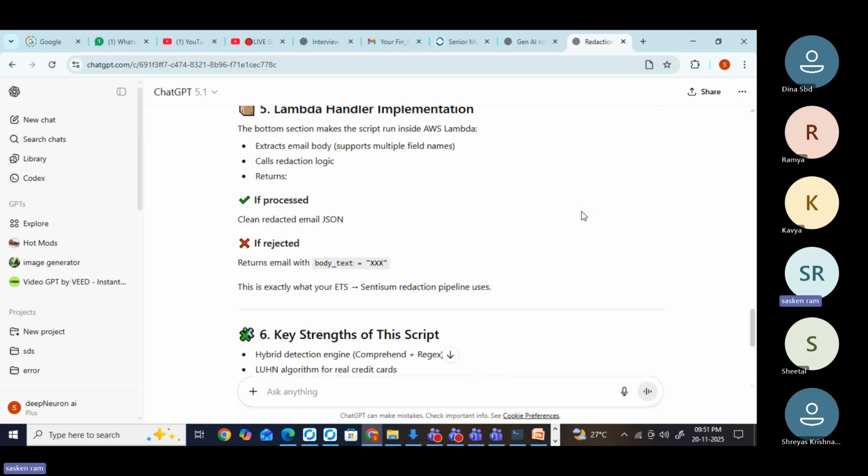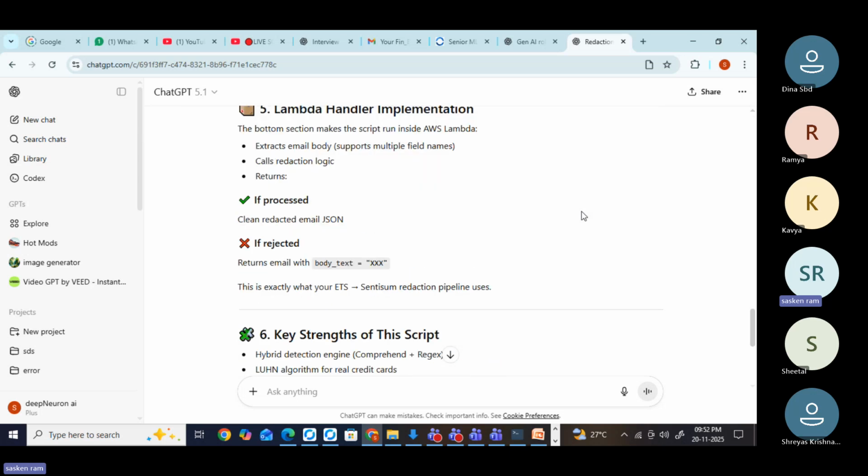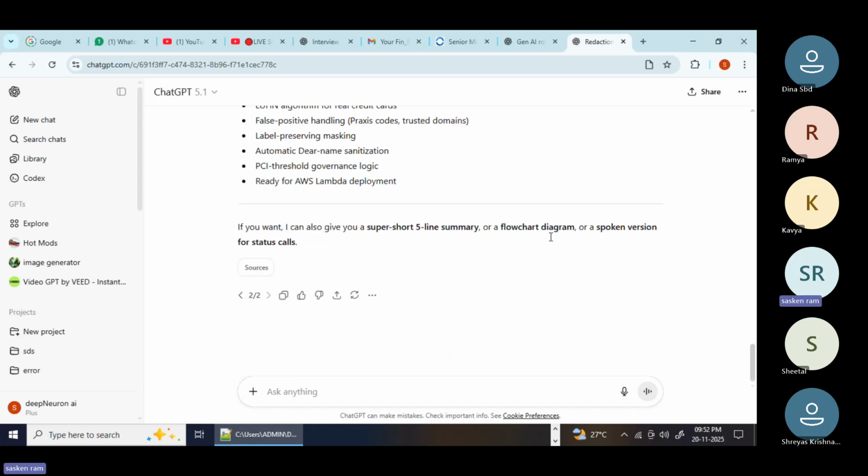In the case of Lambda, if you're using AWS Lambda, this is how you can use it, right? At the core, the key strength of the script is the hybrid detection engine, Comprehend plus regex, and a Luhn algorithm for real credit cards. So whatever the features or functionalities carried out by this script, you can get it here.